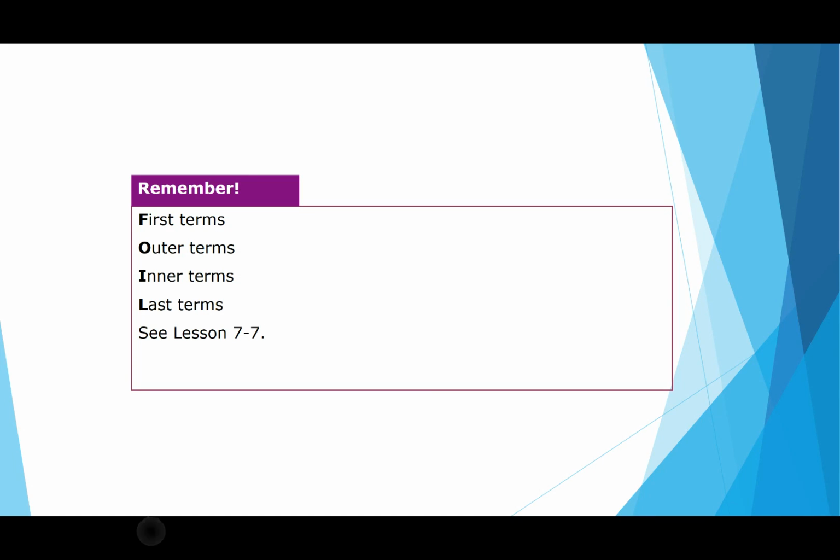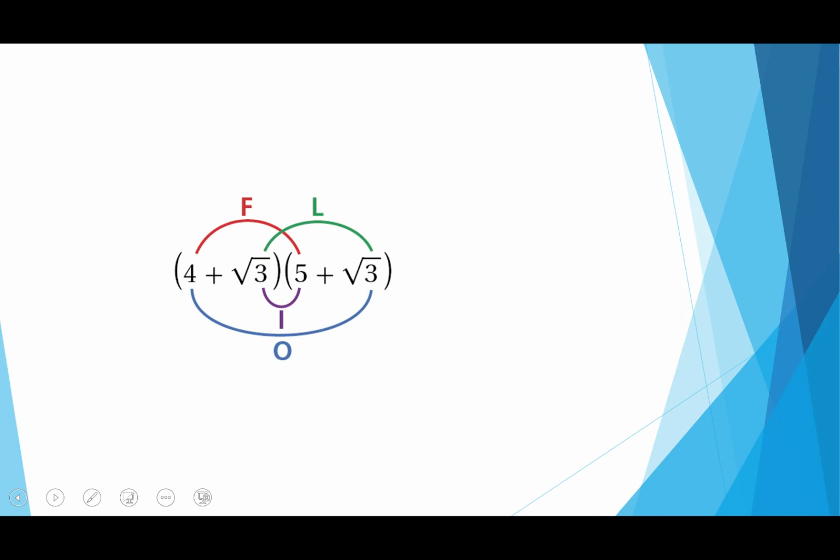All right. One more thing. When it comes to multiplying, FOIL method. FOIL stands for first, outer, inner, last. So when you do F, you're doing the first term in the parentheses times the other first term in the parentheses. When you're doing O, you're doing the two outermost terms, multiplying them together.